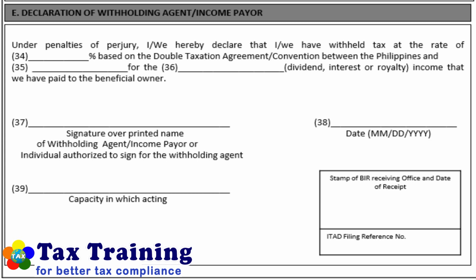Signature over printed name of withholding agent, income payer, or individual authorized to sign for the withholding agent, and the date, month, day, and year, and the capacity in which he is acting, or the position. And then stamp of BIR receiving office and date of receipt, ITAD filing reference number. So sino po yung BIR na magre-receive? BIR, RDO 39, and the International Tax Affairs Division.